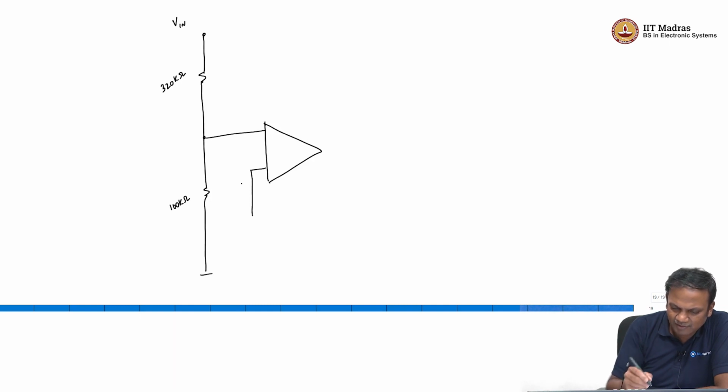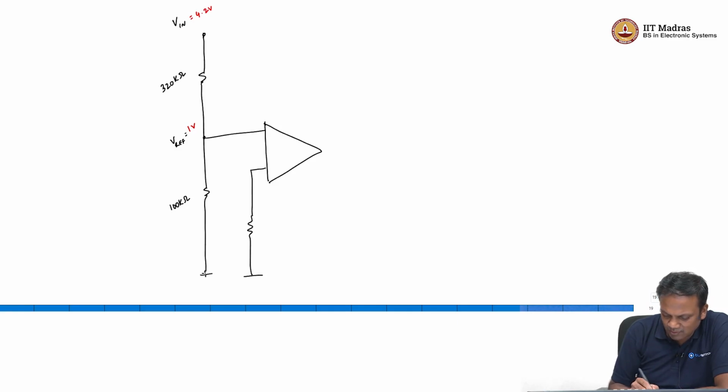Now, when V in is 4.2, this Vref, this we will call Vref, will be 1 volt, right, and at that point I want 2.1 volt at the output.